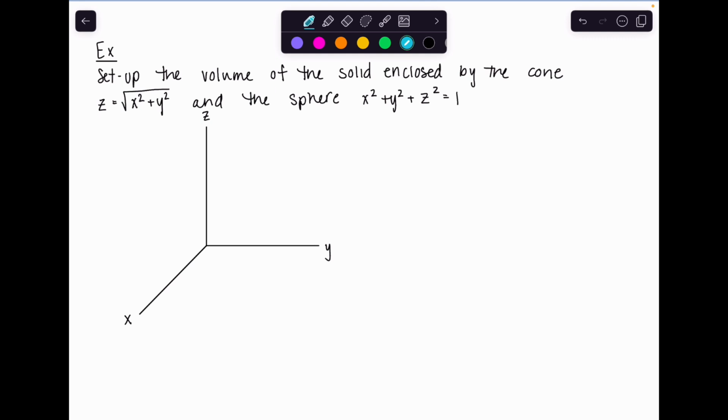So working with our sphere, we'll start with our cone. It looks like this. Set z equals the square root of x squared plus y squared. Then we've got a sphere of radius 1 sitting on top.